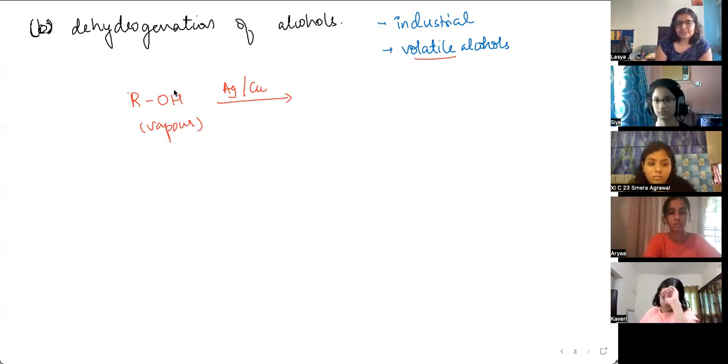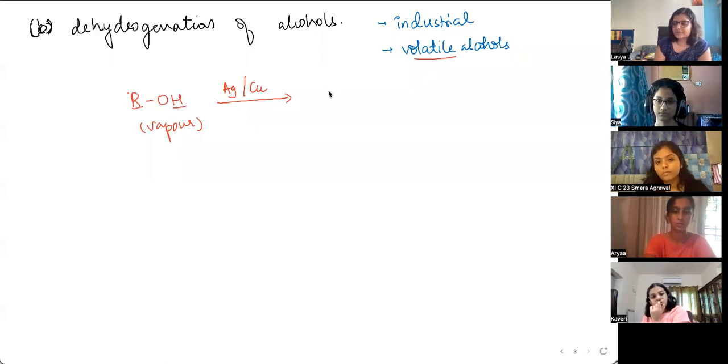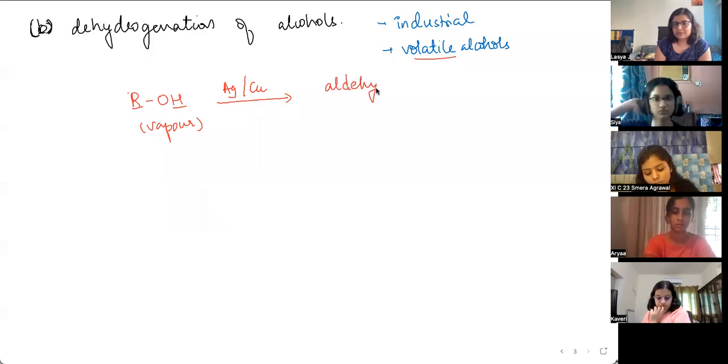Hydrogen is lost from the carbon attached here and the hydrogen attached to oxygen is lost, and what you end up with is an aldehyde if you're using a primary alcohol, or a ketone if you're using a secondary alcohol.